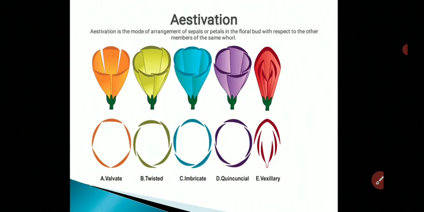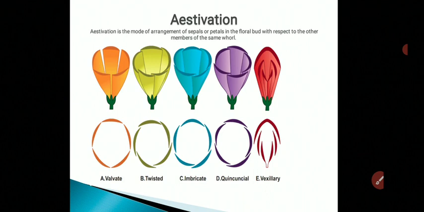Now these calyx are arranged in a particular form. This form is called aestivation. So let's discuss aestivation. Generally, aestivation is the arrangement and overlapping of floral parts, either calyx, corolla or perianth.